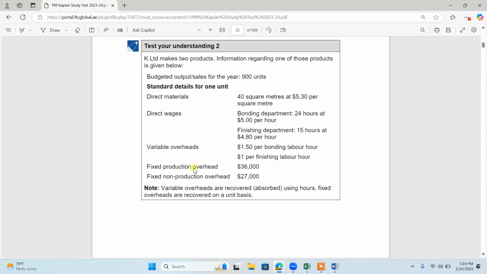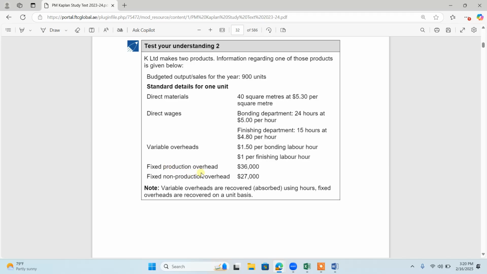But one thing you should make clear is that this is the production overhead and this is the non-production overhead. For example, if you are paying a salary to the marketing people, it is part of the overhead cost, which is fixed also. But marketing people are not directly part of the production. That's why this is called a non-production overhead. So we have two categories here in this question.